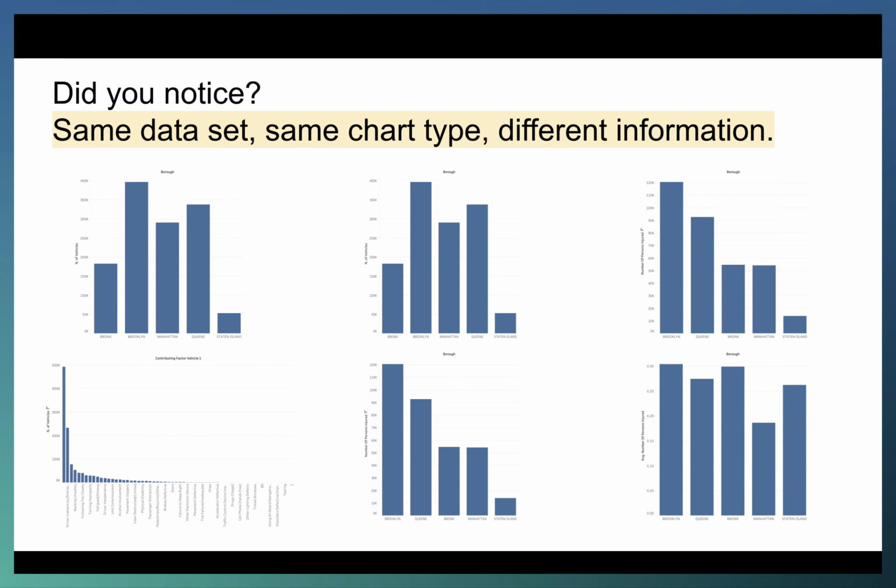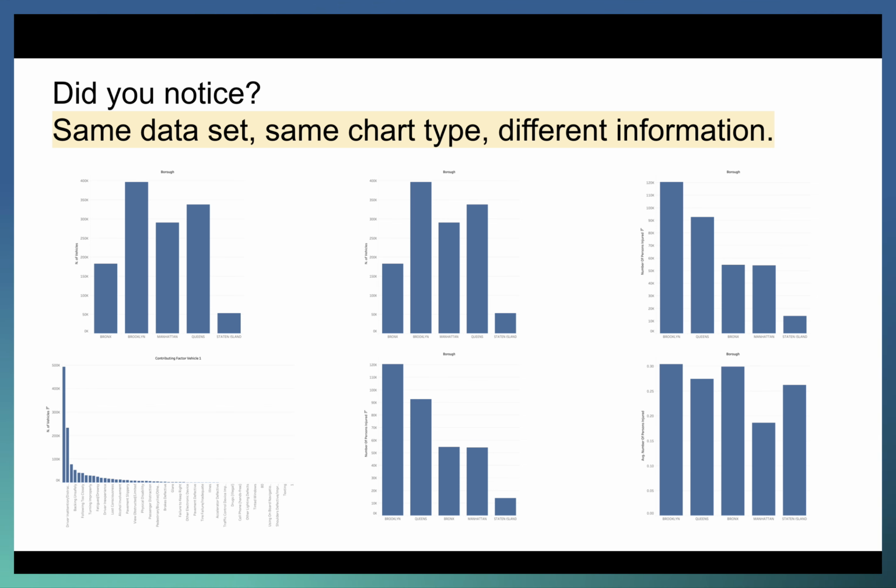So I want to highlight the idea that this step is really, really important. Even keeping constant the initial data set, the raw data, and the type of graph, we can generate many different charts and communicate very different information.